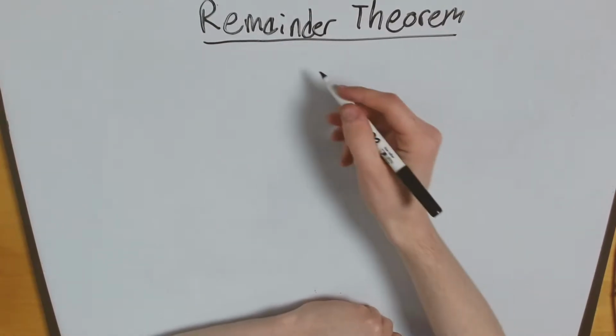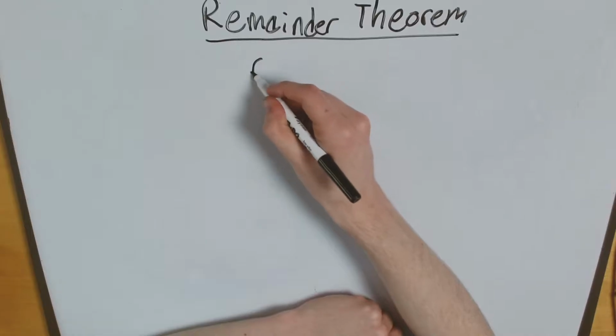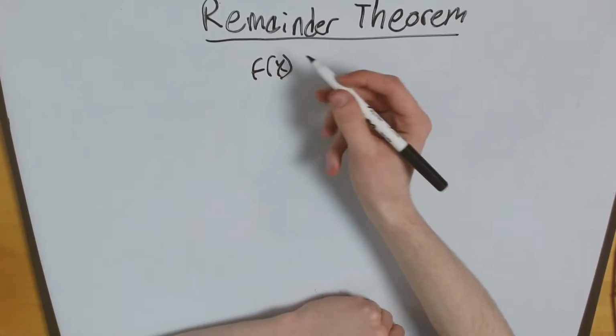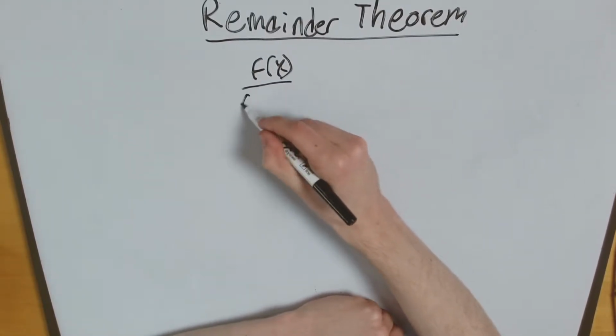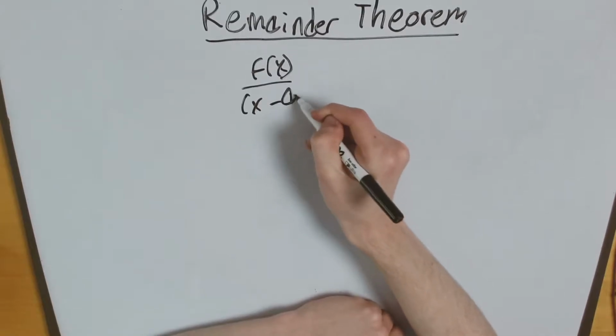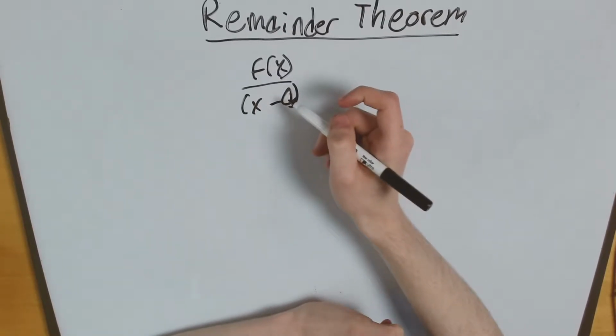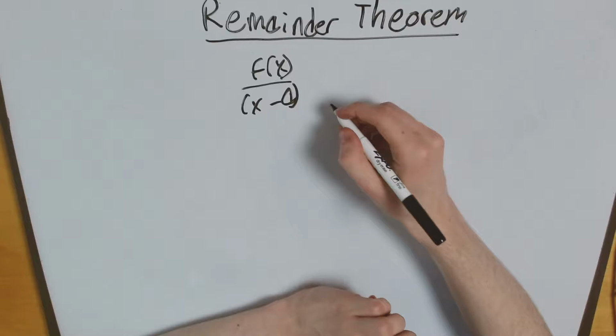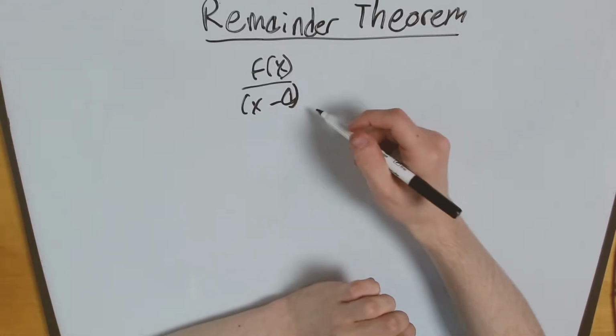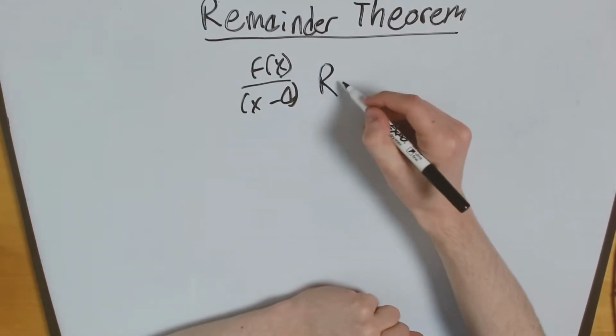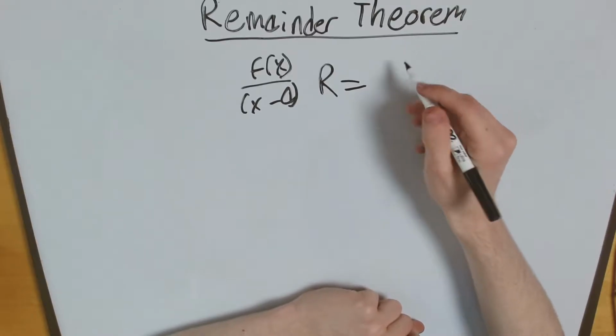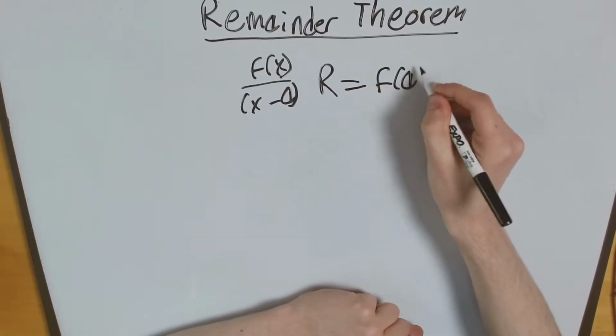Well, basically it says if you've got a function f of x and you're dividing it by x minus a, right? The remainder you're going to get from that division is going to be equal to f of a.